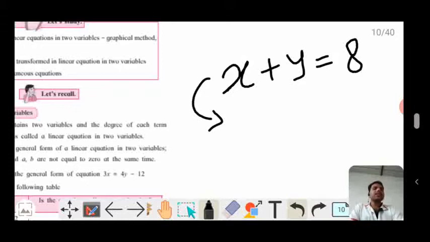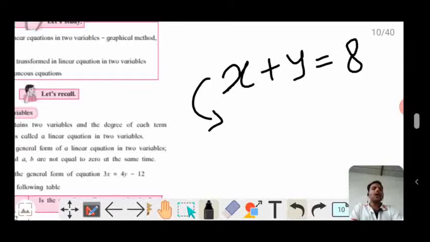To write any linear equation in two variables in the general form, the criteria is that you have to shift all the terms to the left side of the equal sign. Then you have to write the 0 at the right side of the equal sign.